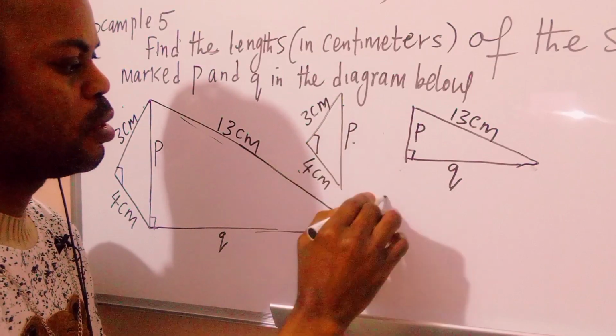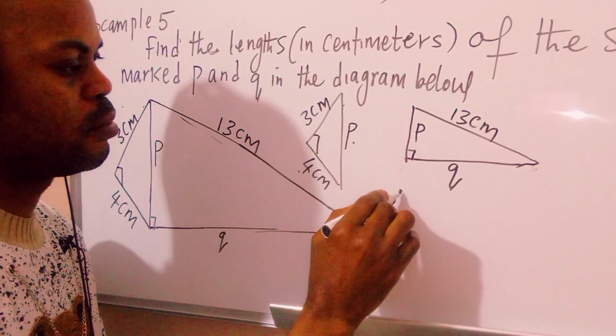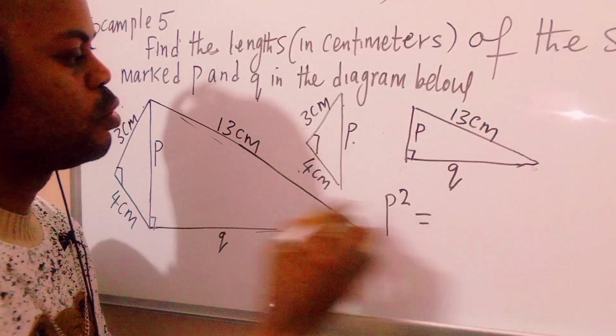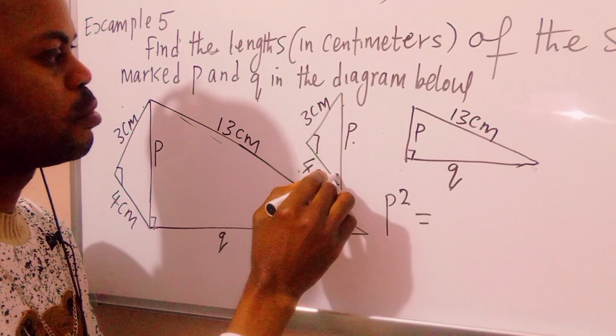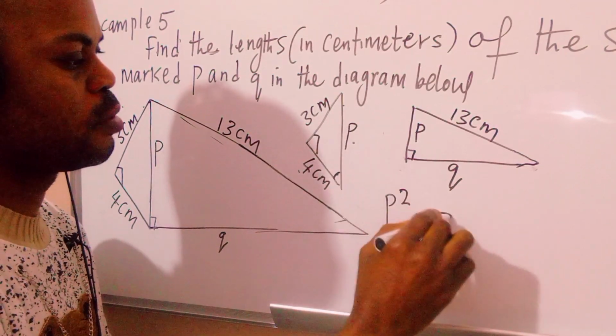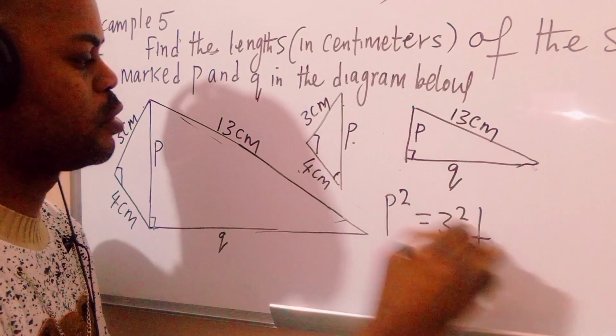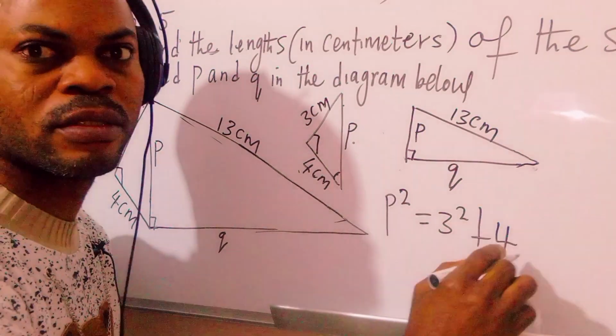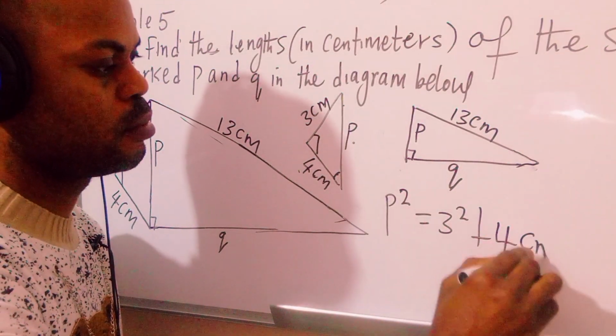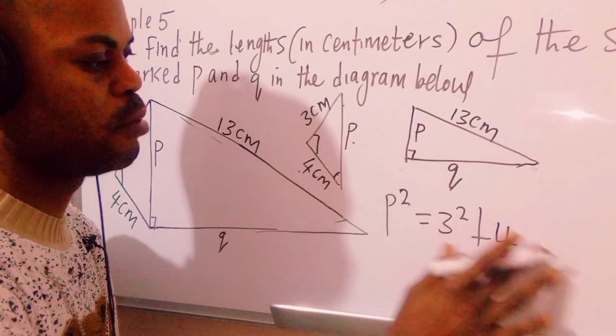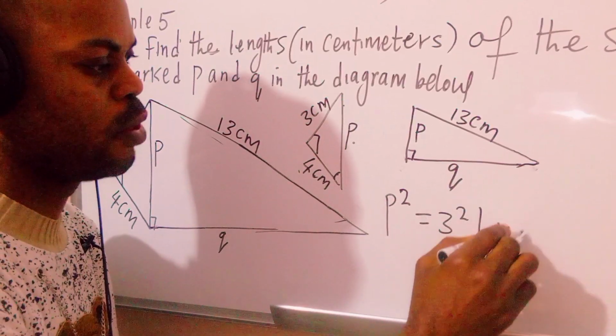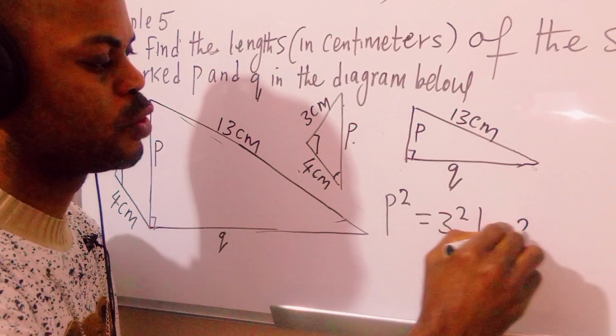So the square of P will be equal to the opposite here, which is 3 centimeter, being 3 squared, plus 4 centimeter. Let's remove the centimeter, but remember to place it when you're done. So we're going to have 4 squared.